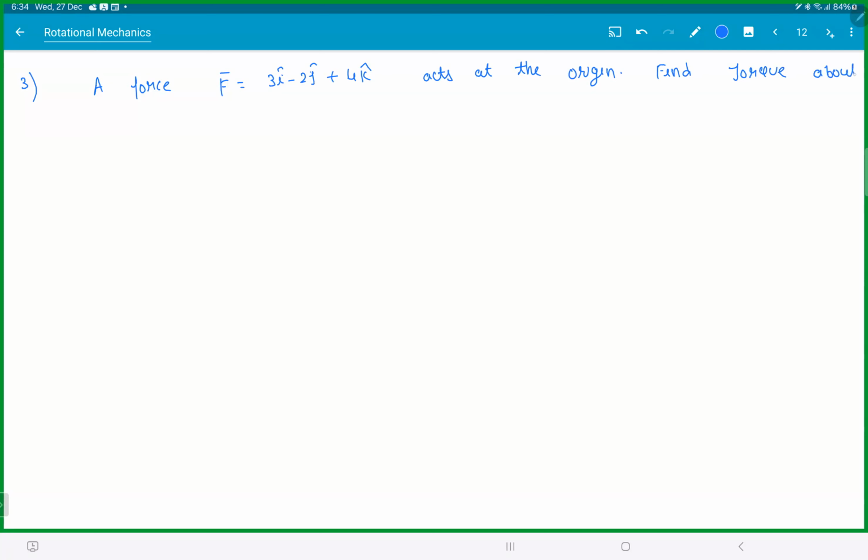Find torque about point A whose coordinates are 1, 2, 3. Get this. Easy one. Just give it a try and get some water and come.